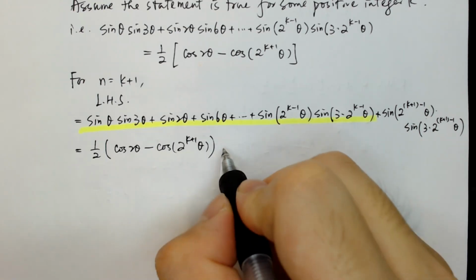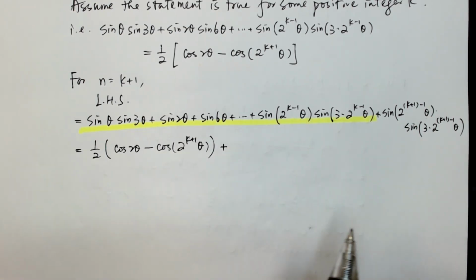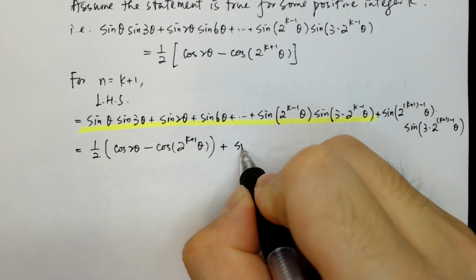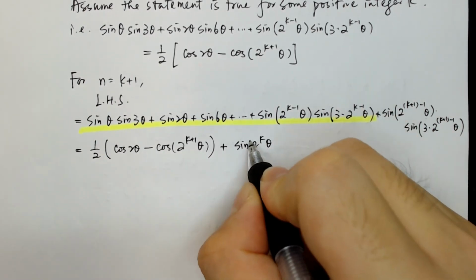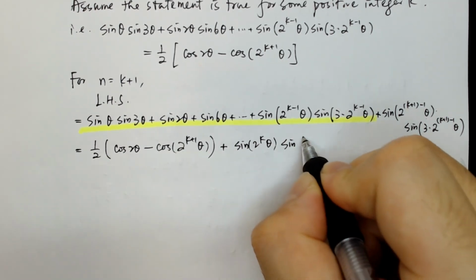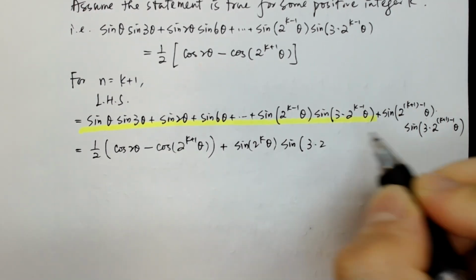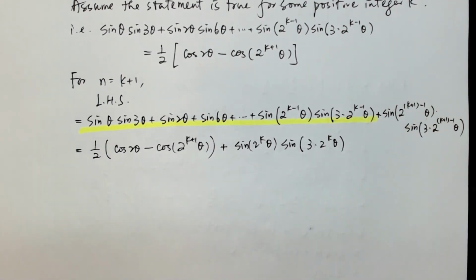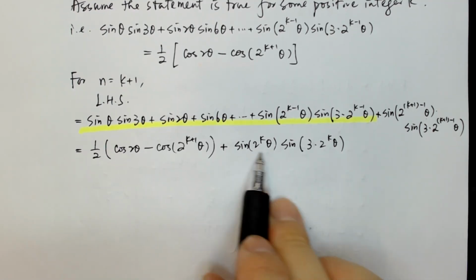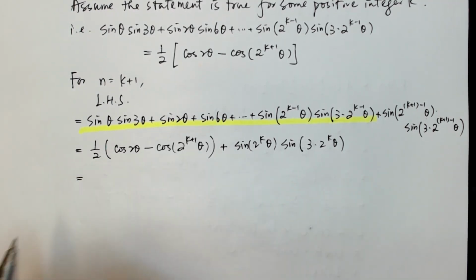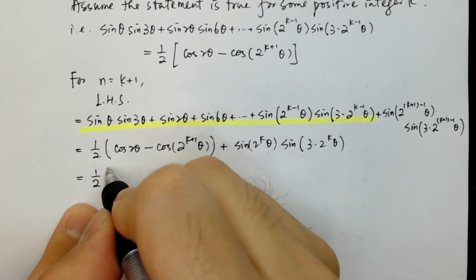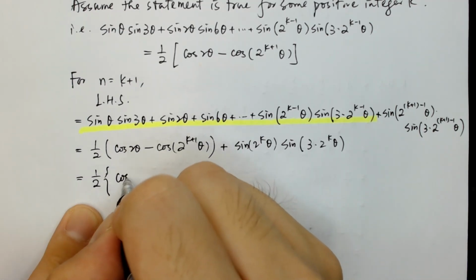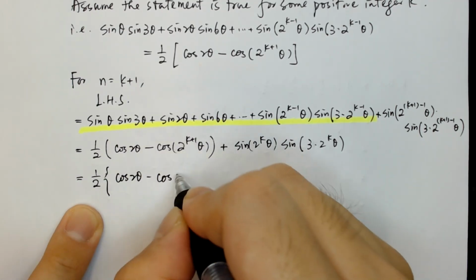And here is the product of two sines, sine of 2 to the power of k theta and sine of 3 times 2 to the power of k theta. And since you know what's on the right should be the difference of cosines, you try to rewrite it as the difference of cosines. And so we include the 1 over 2 in a larger bracket and copy these things.